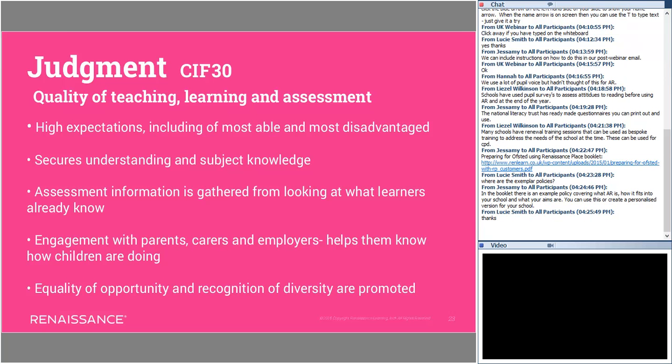You can have targets for children in terms of reading ages, in terms of achieving norm reference scores that are above what's expected for their age. You can also demonstrate whether they're achieving their high expectations in targets for any interventions.